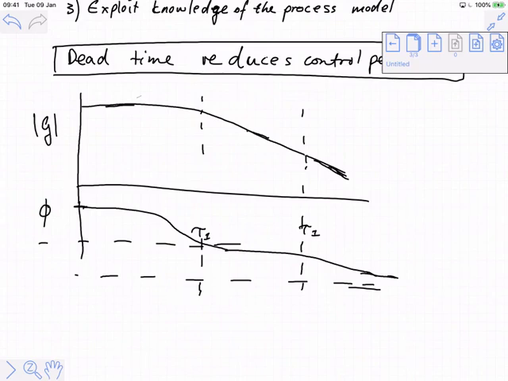And so I start at 0, I go to minus 90 degrees, and I end up at minus 180 degrees. This is the Bode diagram of the system itself.